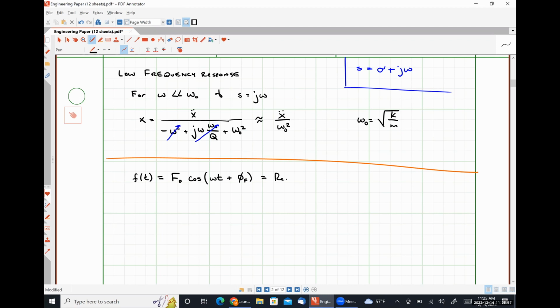That is the real part of the exponential form complex number f naught e to the j(omega t plus phi sub f). And at least in electrical circuits, working problems in the frequency domain as opposed to the time domain is significantly easier because it involves much less trigonometry and calculus and simply the direct application of algebra. We're effectively going to be doing the same thing here.